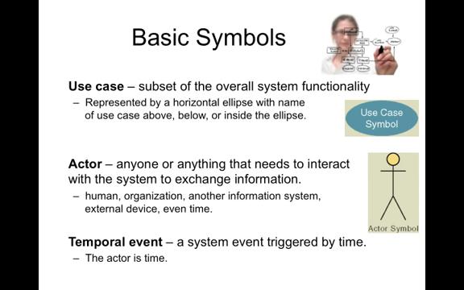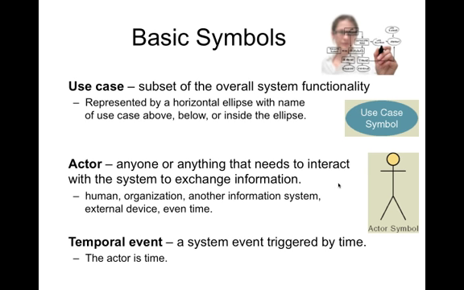We're going to start by looking at the symbols for use cases. The use case itself, the thing we're going to do, the use case is the symbol. So the use case is actually the business step, the function that we're going to do. An actor is anyone or anything that needs to interact with the system.